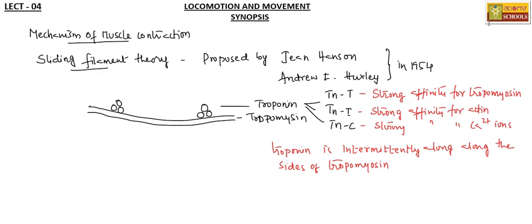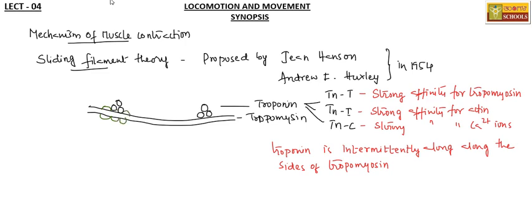Next, in the resting state, meaning when the muscle is not contracting, the tropomyosin molecules lie on top of the active sites on the actin. You may see here this is an actin, the G actins.